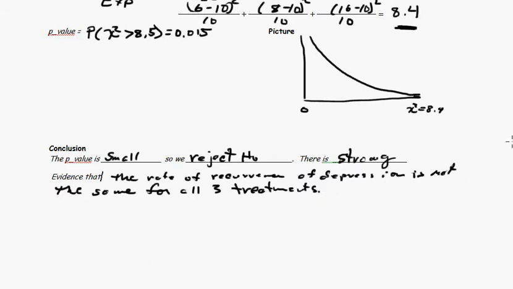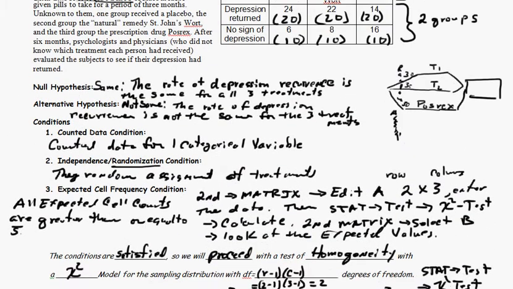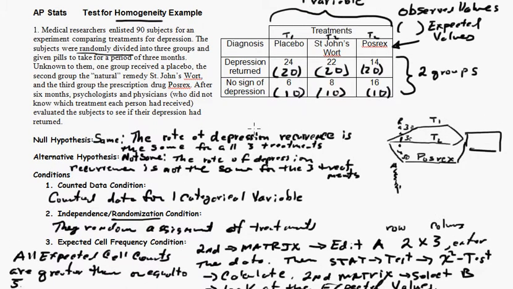Okay, so that's great, but it's not very empowering. There's one more thing you can do when you reject the null hypothesis. You might be able to go back and figure out what happened. If you look closely, we want the depression to actually be lower when depression returned, if we have an effective remedy.